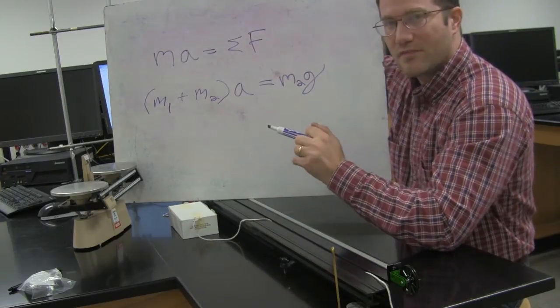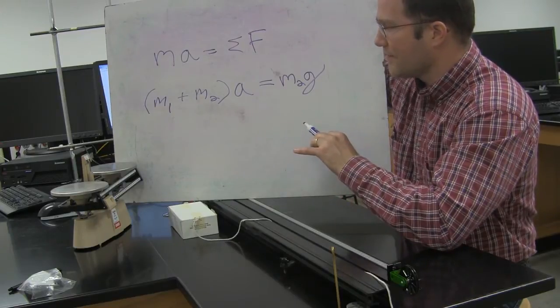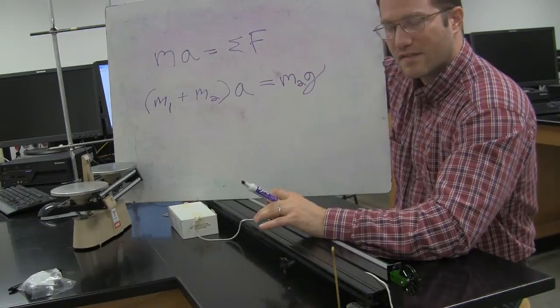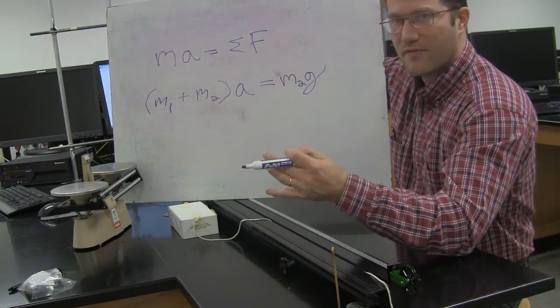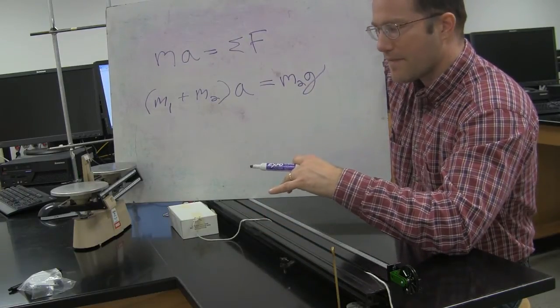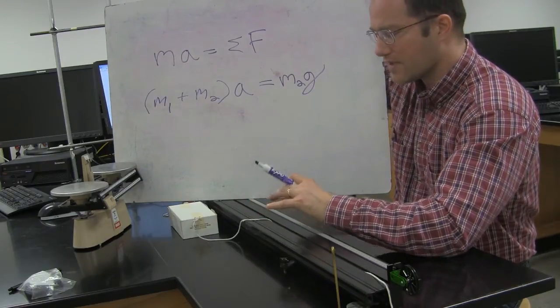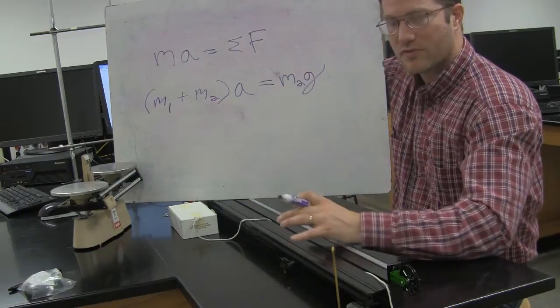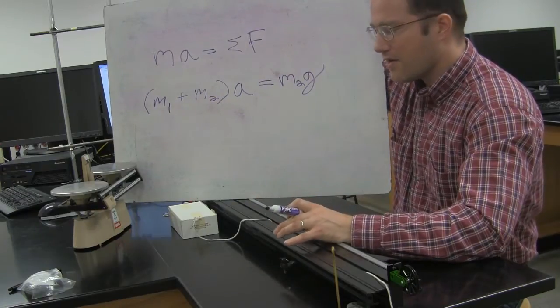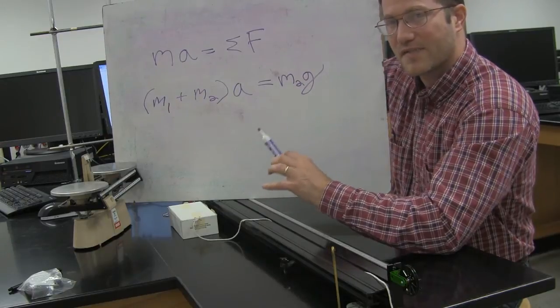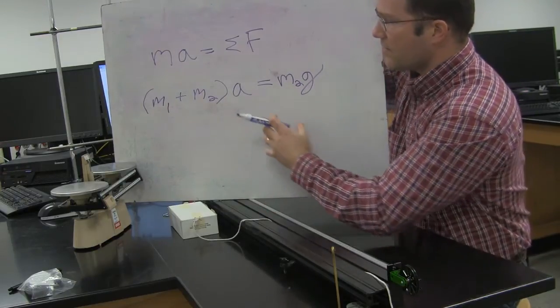So let's revisit that lab. Go back and look at one of your data points. Not the slope of the force versus acceleration graph, but just one of the experiments where you roll the cart down the track. Take a look at what that net force was, and what that specific acceleration was.